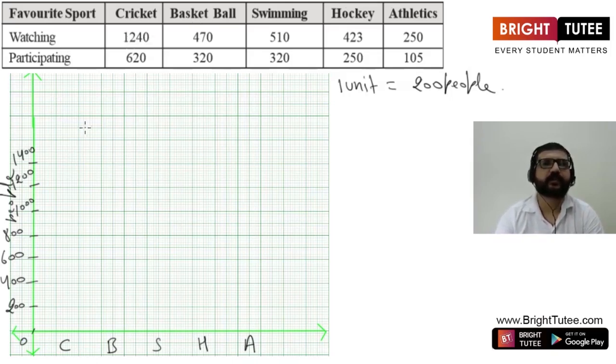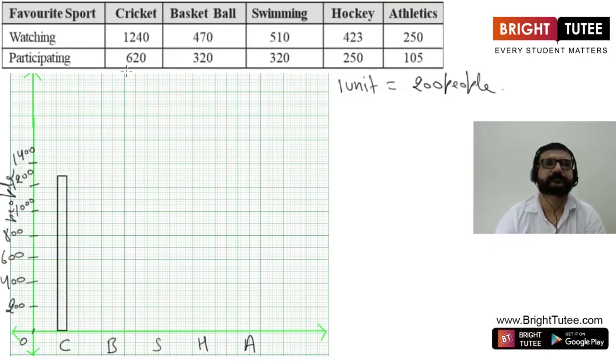So we have to draw a bar according to it. So it will be like this. And the number of people participating in cricket is 620. So it will be approximately like this.